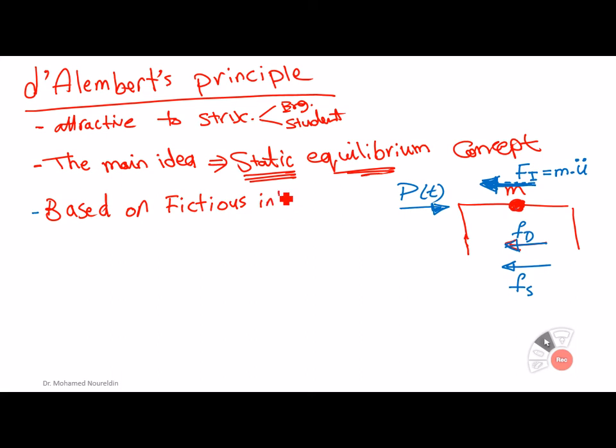This means that we have a static equilibrium equation, based on the fictitious inertia force. Whenever the mass moves in one direction, there must be opposite resistance coming from the inertia.